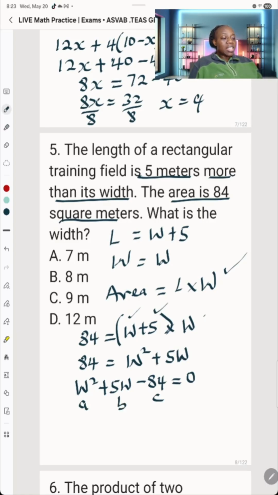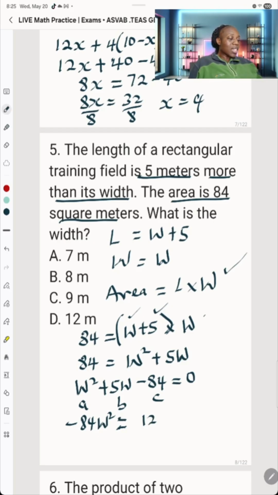Then negative 84 multiplied by w squared, that would be negative 84 w squared. Let's now look for factors, two products that will give us negative 84 and at the same time positive 5. What are the two factors?